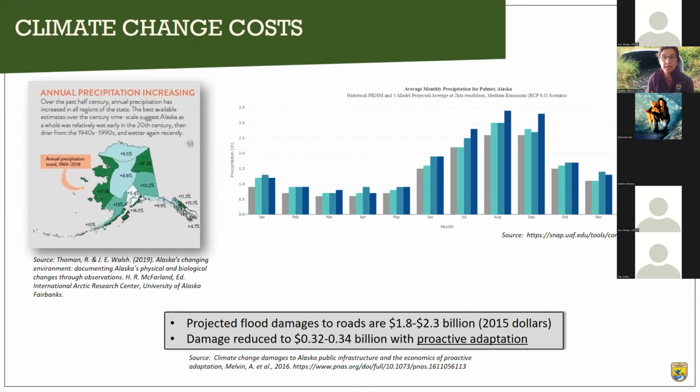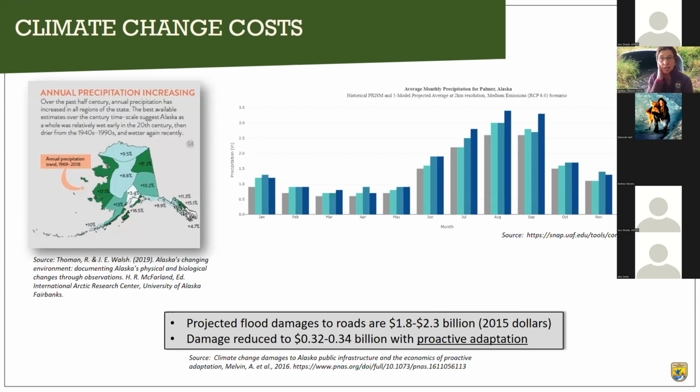Climate change is another issue that we're definitely concerned with. We know that in Alaska, the annual precipitation is increasing, and climate change is already causing this increase in flood frequency and magnitude in many Alaskan communities.